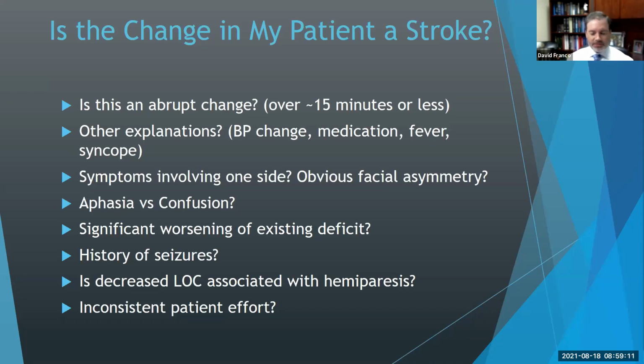So the risk from TPA in terms of bleeding comes from the risk of bleeding. And if you don't actually have a stroke, your risk of bleeding is very low. So we're comfortable with erring on the side of treating the patient if we're not sure, even if there's a chance that this could be a functional or psychogenic pattern of weakness.